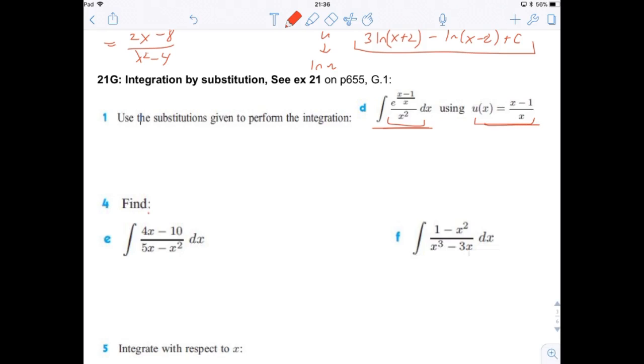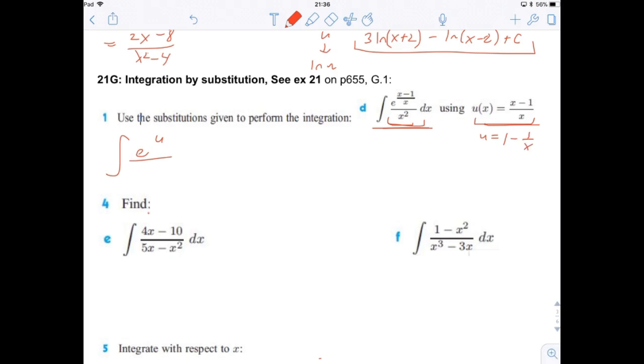So I'm going to substitute x minus 1 over x to be u. So instead of the integral of that awful looking function, I'm just going to have the integral of e to the u divided by, and let's see, x squared. What would I substitute in for x squared? Well, let's see, u is equal to 1 minus 1 over x, basically, right?